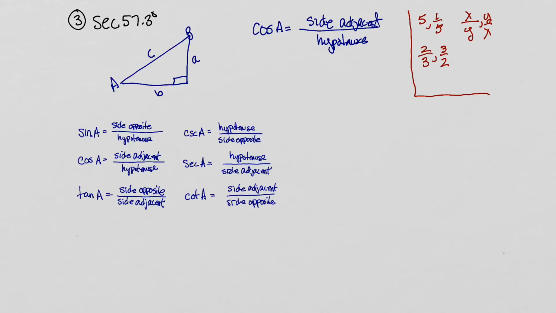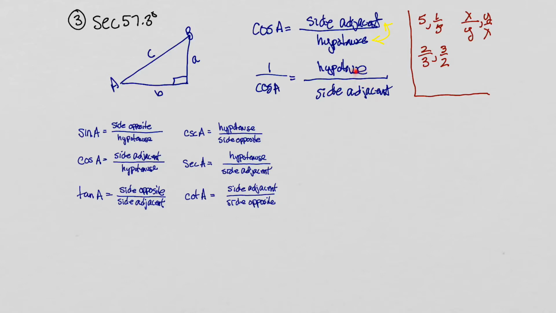So what I'm going to do here is take the reciprocal of both sides. I'll get 1 over the cosine of angle A, and that's going to equal, just like we did over here, if you have a fraction, to get the reciprocal, you just flip it over. That will give us hypotenuse over side adjacent.